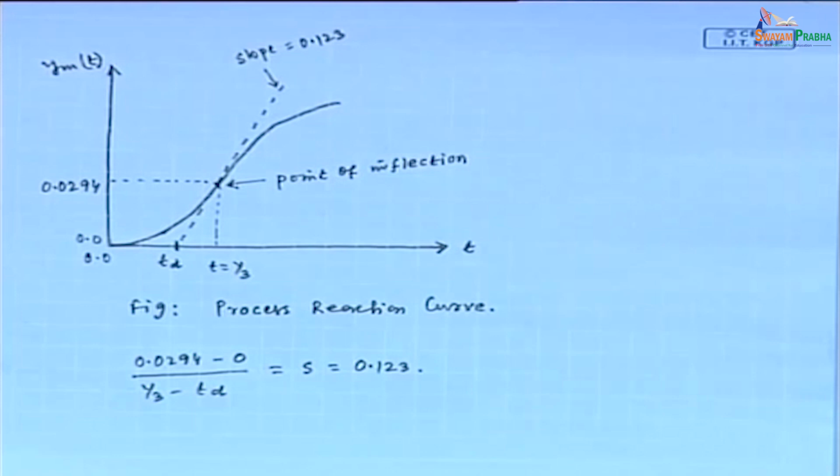From this correlation we can determine the value of dead time. How much is that? 0.0943. So, we obtain the dead time 0.0943.